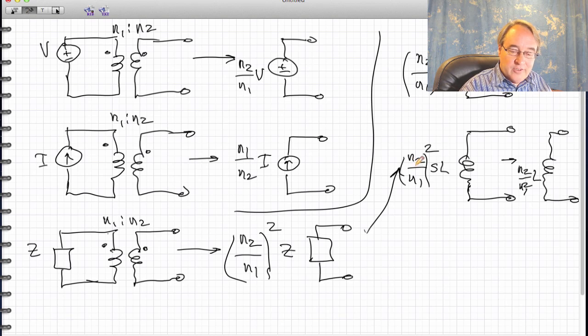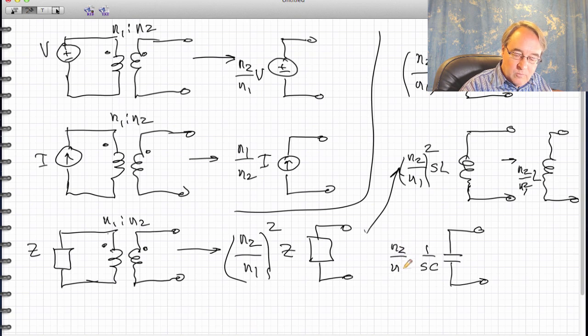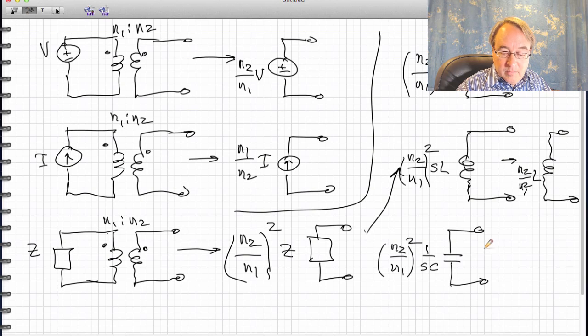If we have a capacitor, recall that the impedance of a capacitor is 1 over sC. So the impedance here would be N2 over N1 squared times 1 over sC.